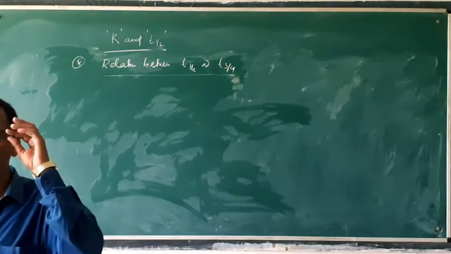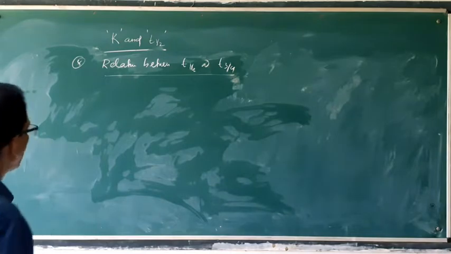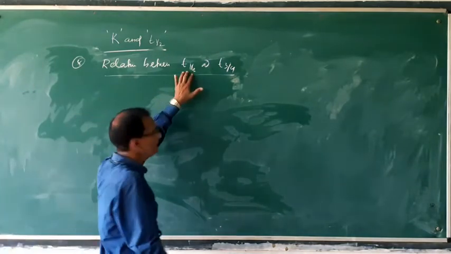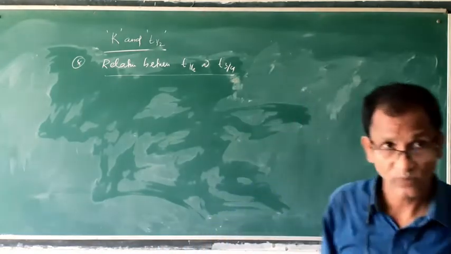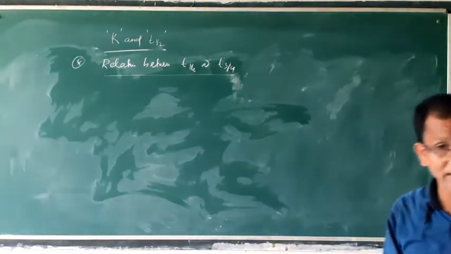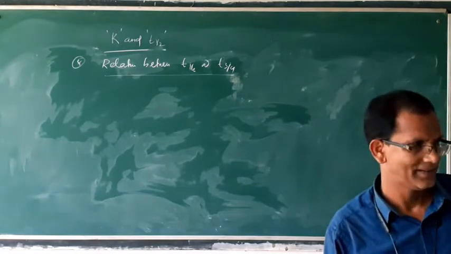Like this, different types of T value will be asked. What is the meaning of T half? T half means the time when 50% is completed. T 3/4 means the time when 3/4 is completed.